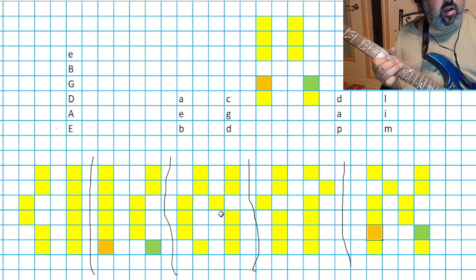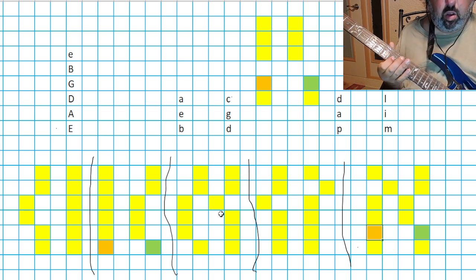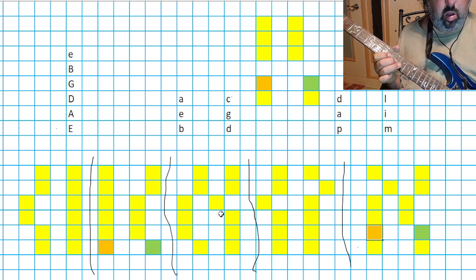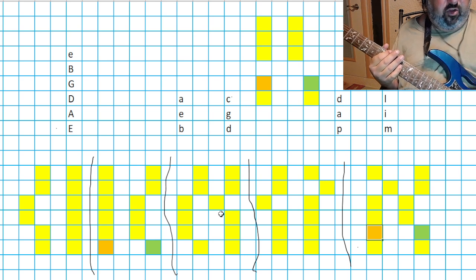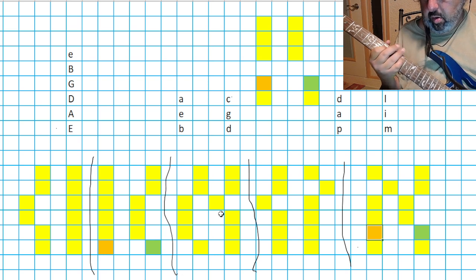I can throw in some of those junk notes because we're so heavily into it, just kind of trying to put those on off beats and seeing how they work.